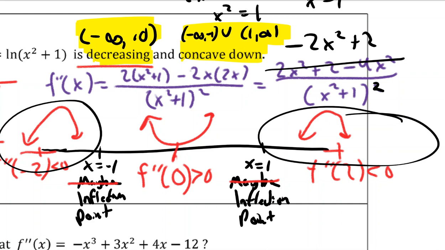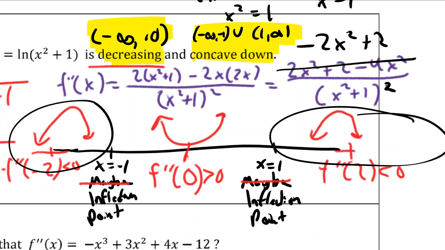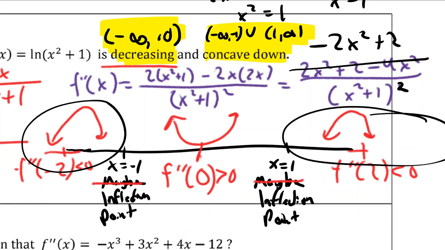But the answer to our question is it wants to know when is this function decreasing and concave down. So basically, where do these two overlap? So what would that be? Negative infinity to negative 1. Negative infinity. Why not 0? Because it's not concave down to 0. Very good. It's not concave down at 0.